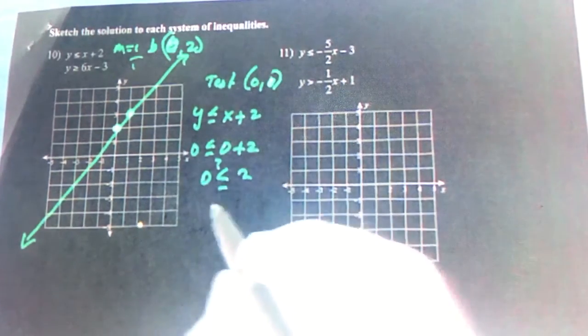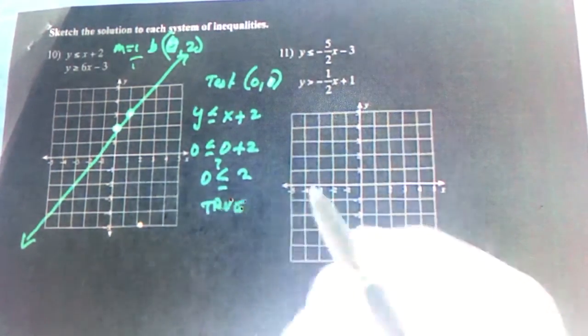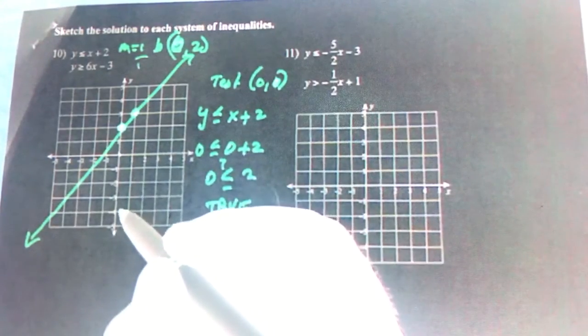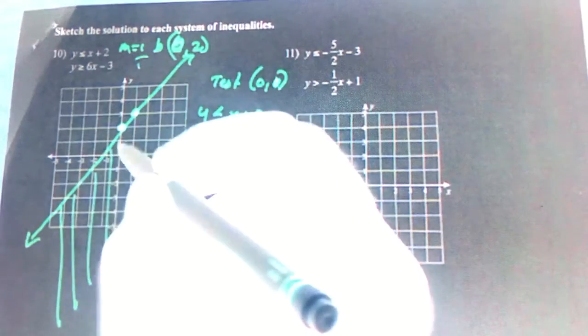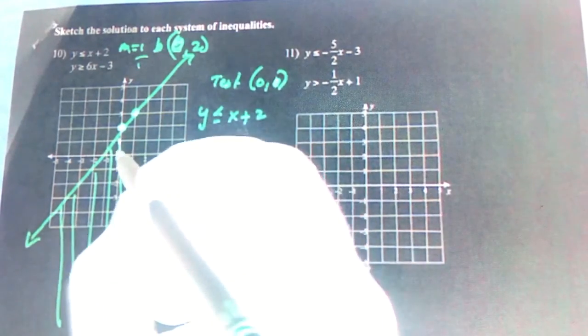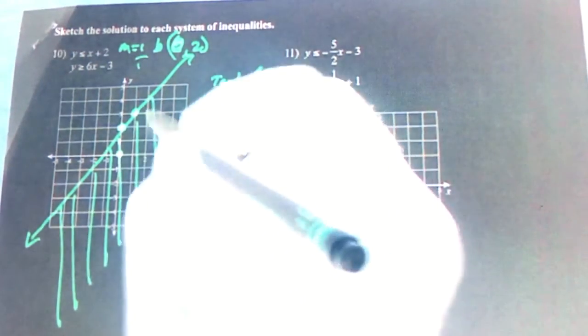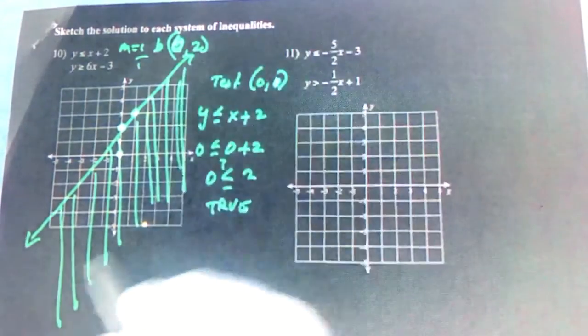Well, of course it is, so that's true. And since that's a true statement, that point is part of the solution set. Therefore, I'm going to shade to include the point 0, 0 and everything around it.